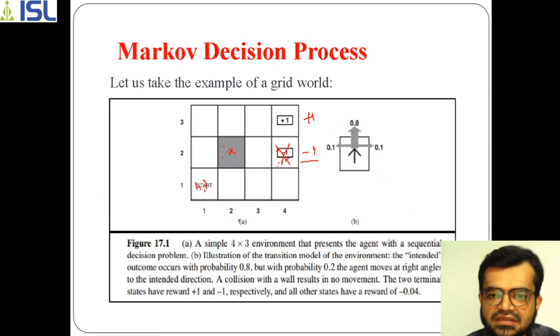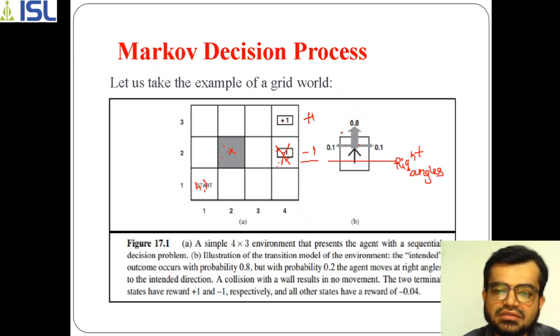Right angles means if the agent moves in either the right direction or the left direction, it is called right angles. So that 20% of the time it moves at a right angle is divided into half.